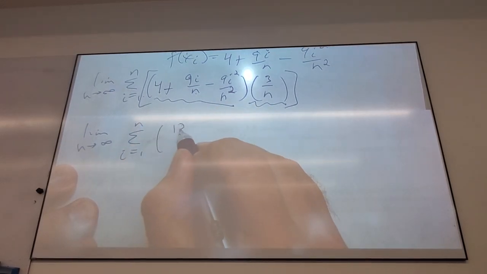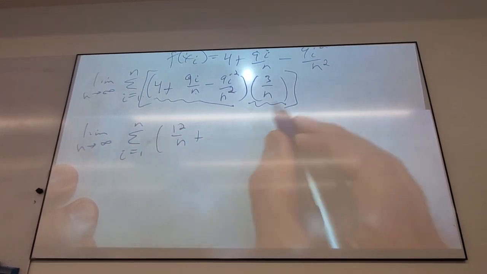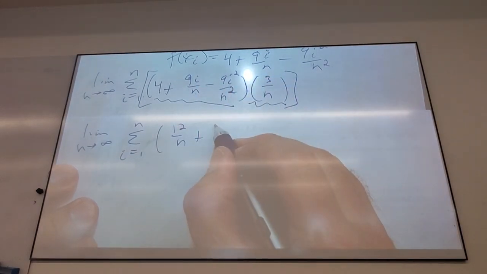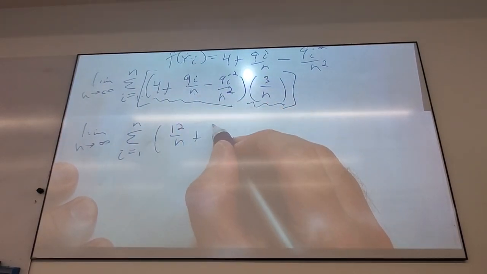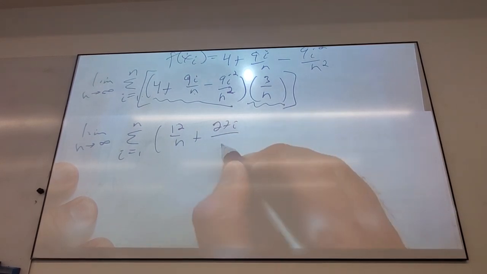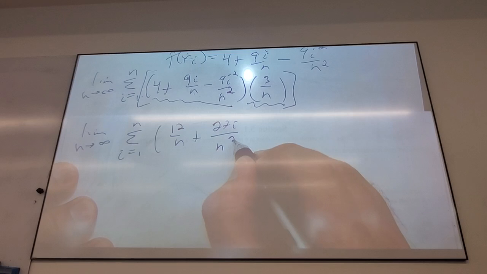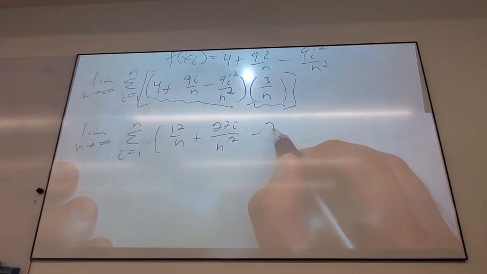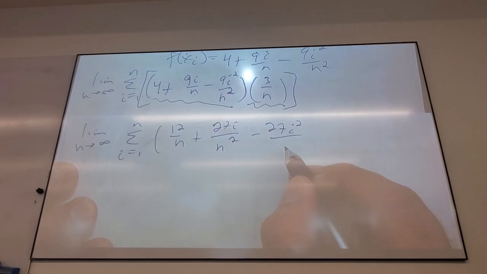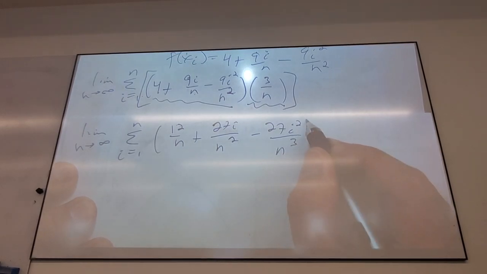So if I bring that in, I get 12 over n plus 27i over n squared minus 27i squared over n cubed.